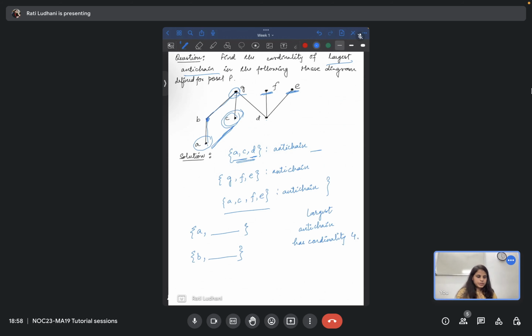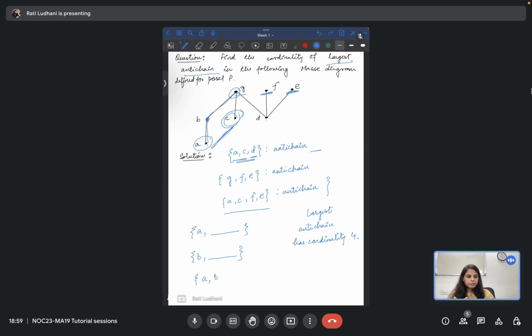Okay, ma'am. So basically, just pick one element and try to check all the possibilities. For example, as I said, you start with A, now put maybe B. B is not a possibility, so you can actually order first. Here A, B, C, D, E, F, G, so you can just keep that in mind.